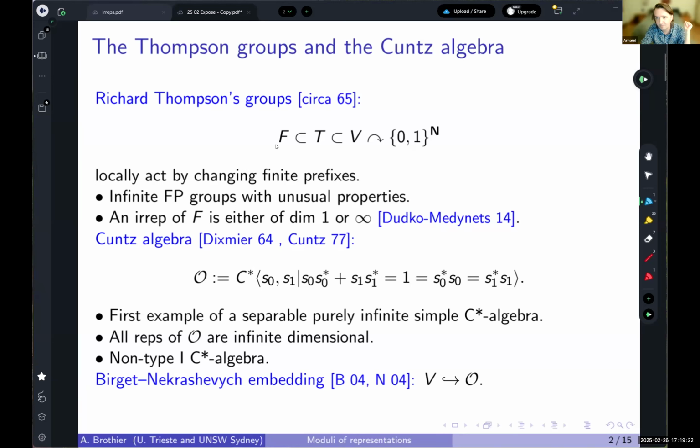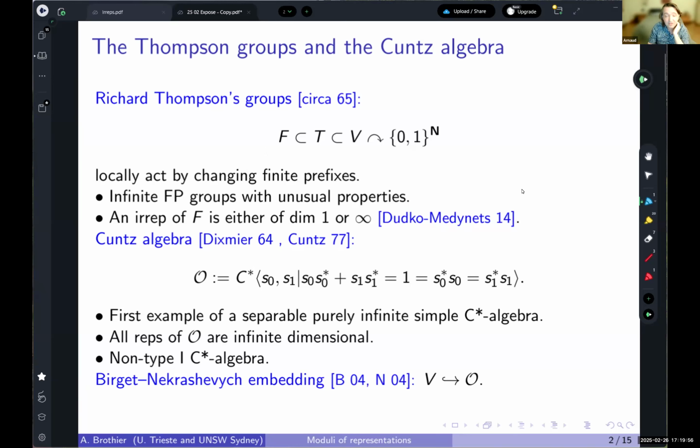If you take the projection of the Cantor space on 0, 1, the real unit interval, F will be acting by homeomorphism on 0, 1, while T will be acting on the circle, so you need to identify 0 and 1 to allow translation, or rotation. And V will be only continuous on one side, so an element of V will possibly have finitely many discontinuity points.